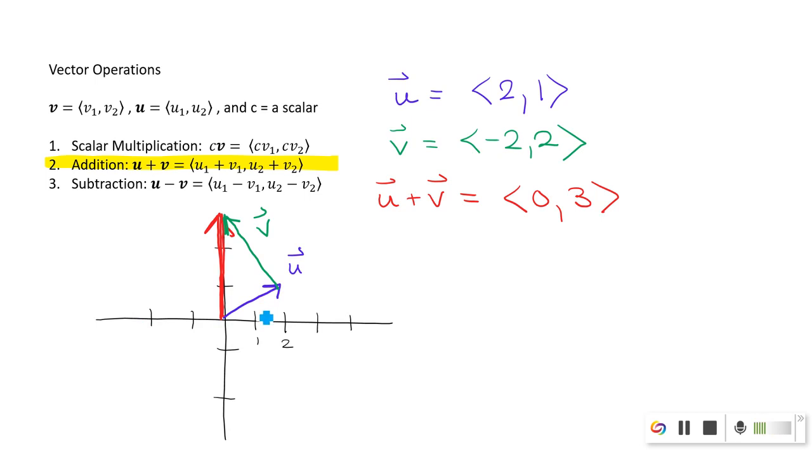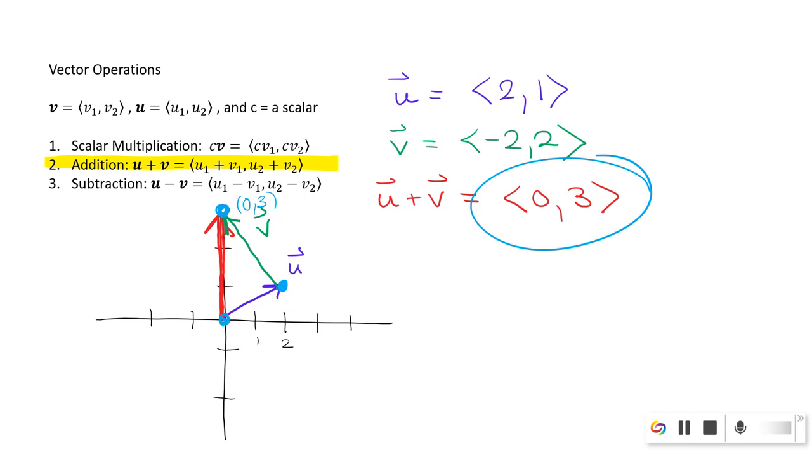And that's what I have drawn in this new image. So vector u went over 2, up 1. And then I applied vector v. So from that terminal point on vector u, now I went to the left 2, up 2, and that took me to the point 0, 3.